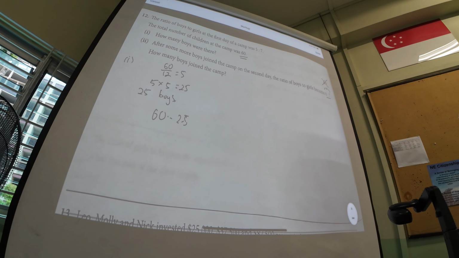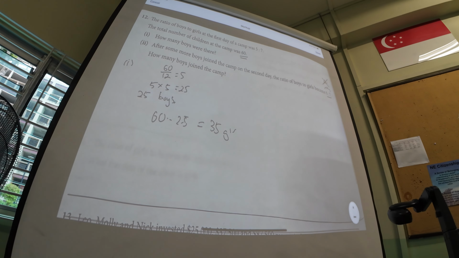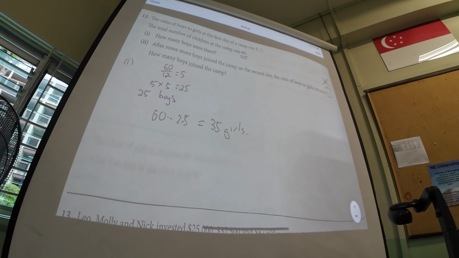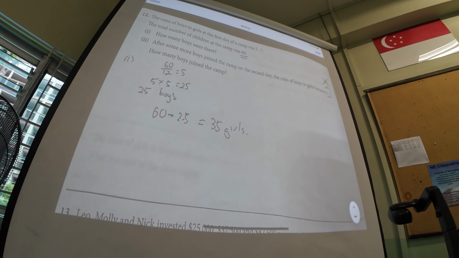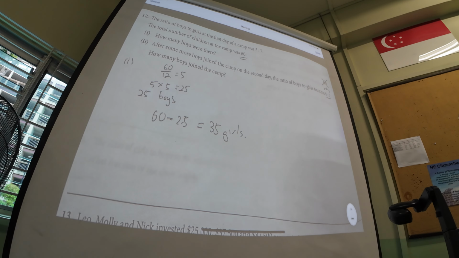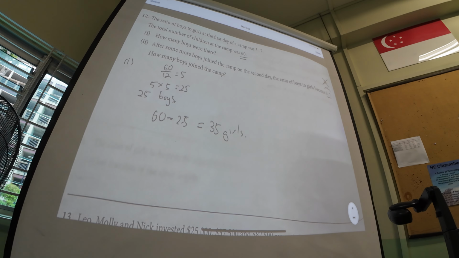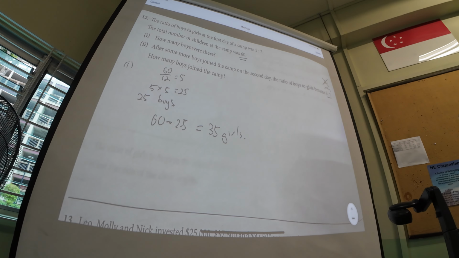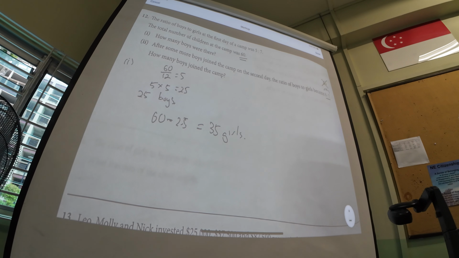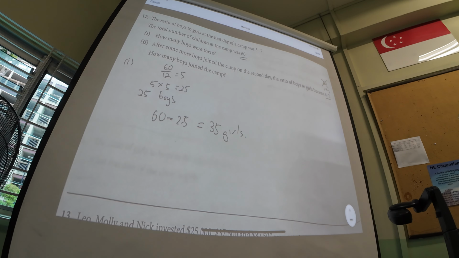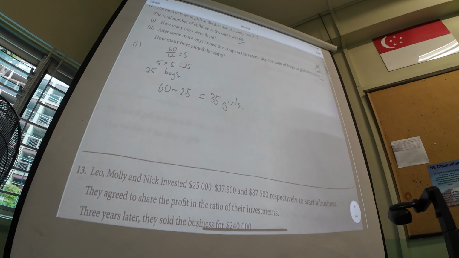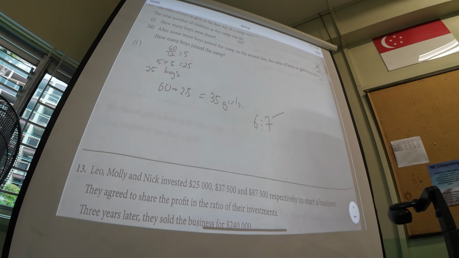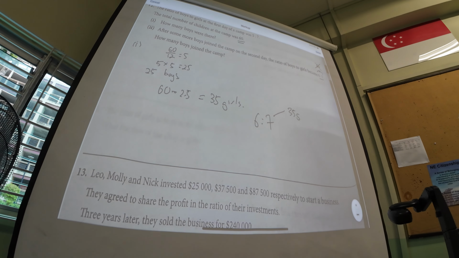Then 60 minus 25, you get 35 girls already. Then this number of girls is unchanged even when the boys were added. So now with this new ratio, these 7 units represent 35 girls.